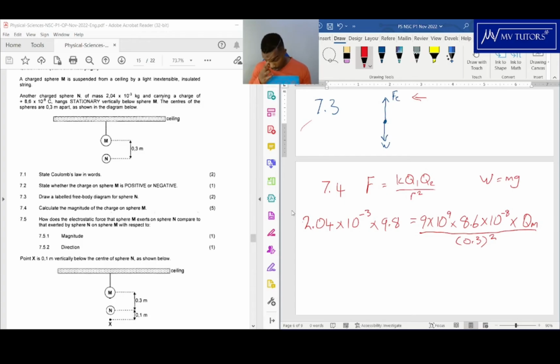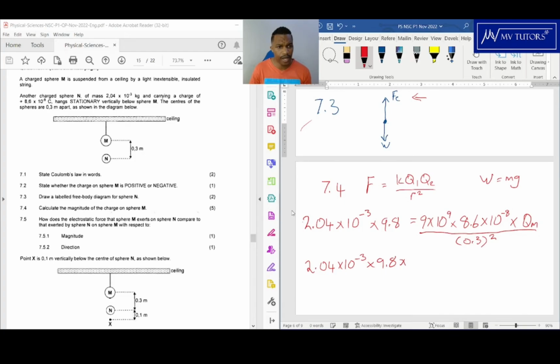From now, all I need to do is mathematical gymnastics. I will do them for you because I know that some of you really struggle with these. So I just rewrote this, but what I'm going to do is get rid of this fraction by cross multiplying.